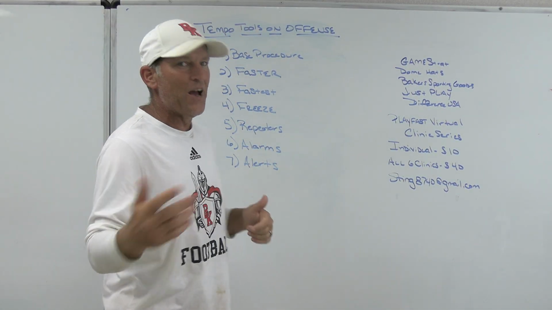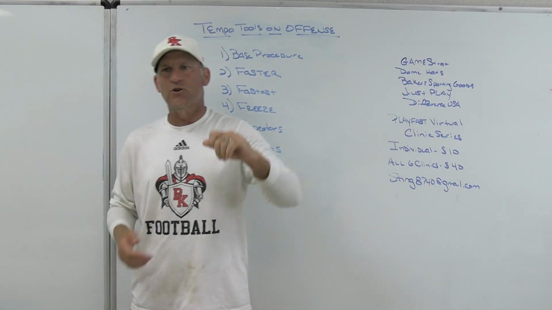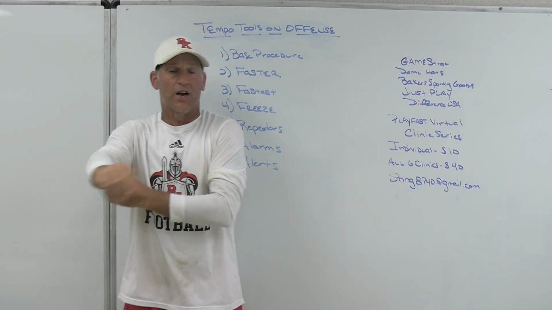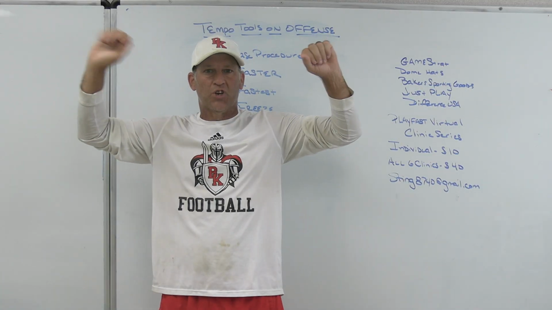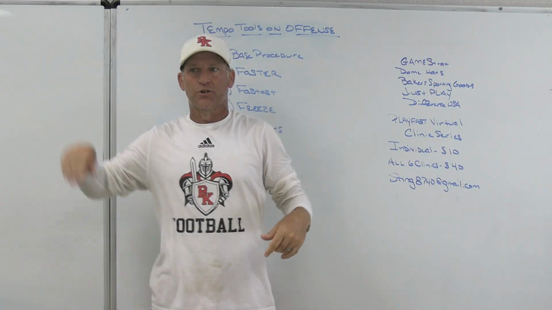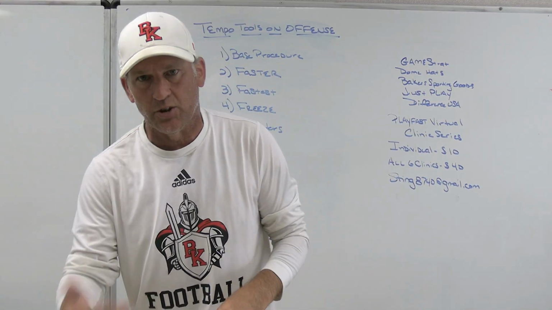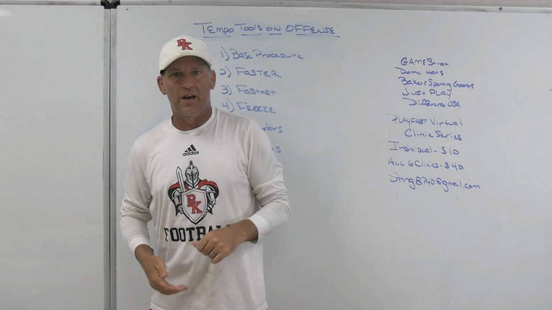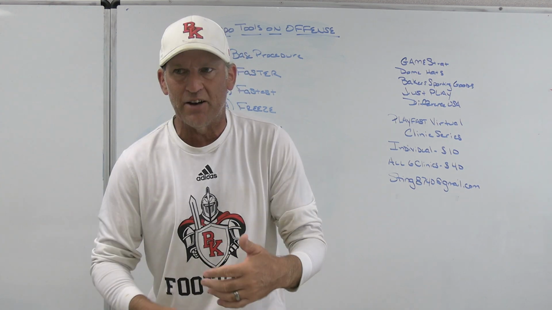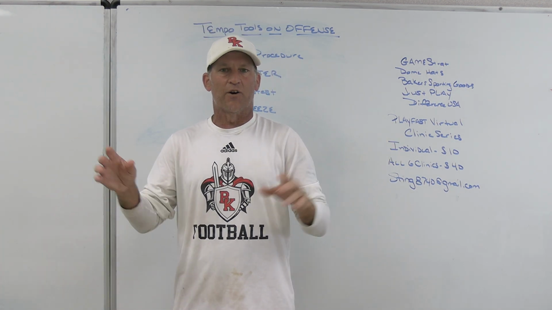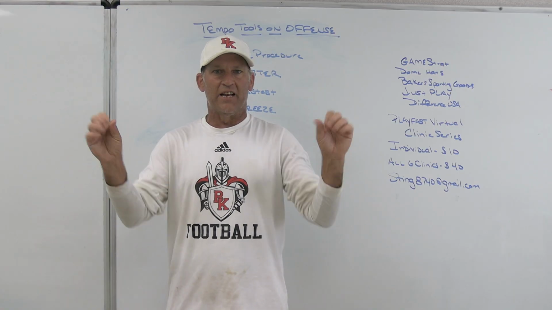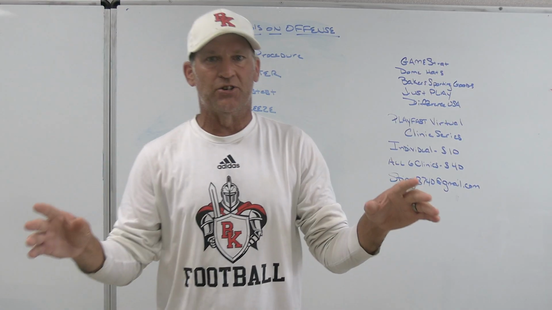When you start to play faster, now you've got to talk about eliminating signals, right? The thing that slows down tempo is multiple signals, words, formations, plays. So when we start to play faster, one of the ways we can do that is maybe we come out in a default formation that has very few wrinkles to it, and we stay in that formation for a couple plays at a time.